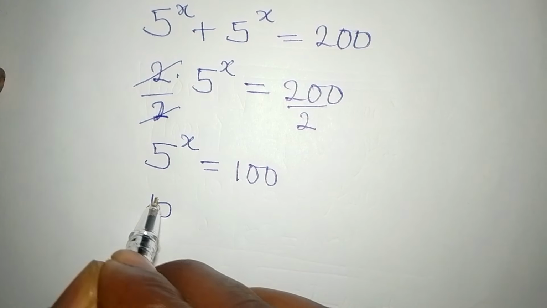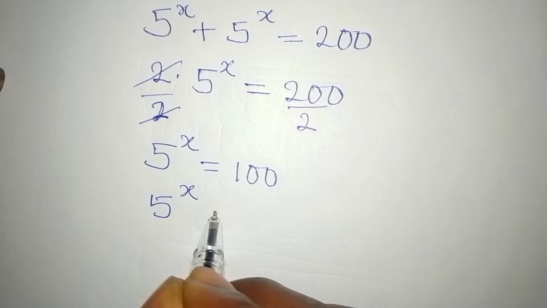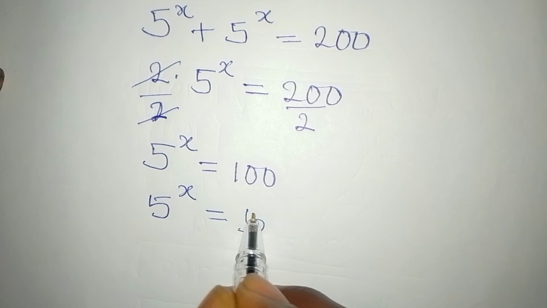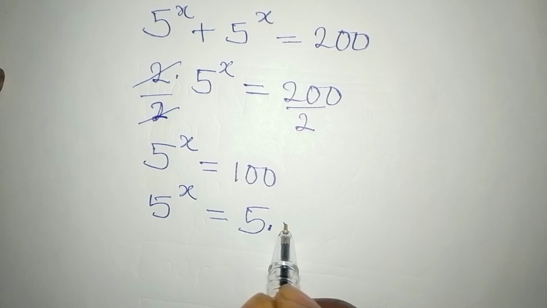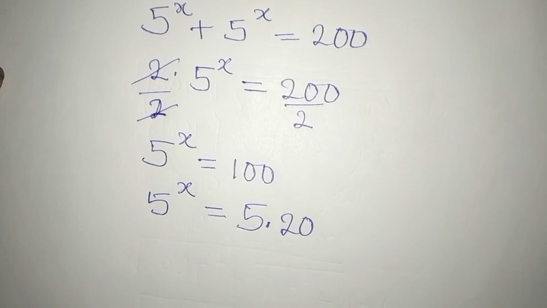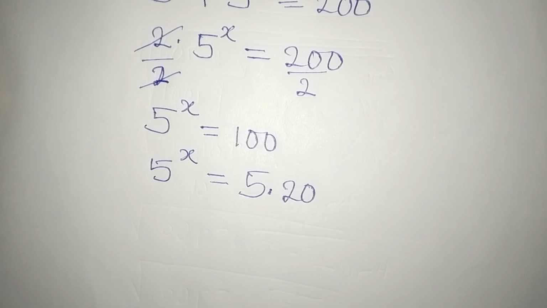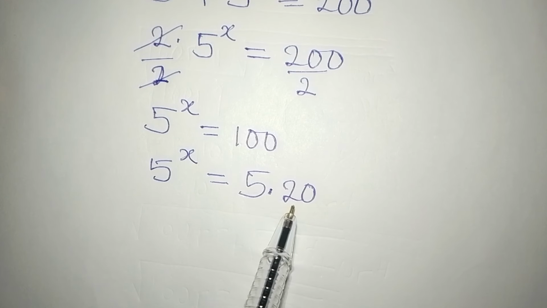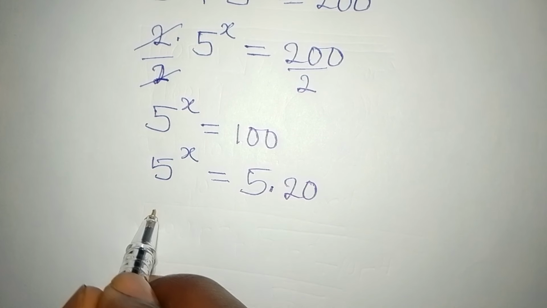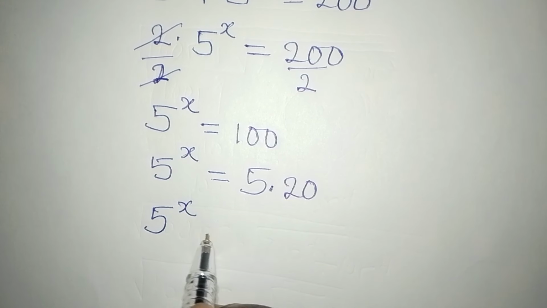Now, this is 5 to the power of x being equal to 5 times 20, because 5 times 20 is 100. Then we can still get 5 out of 20. So let's break everything down.